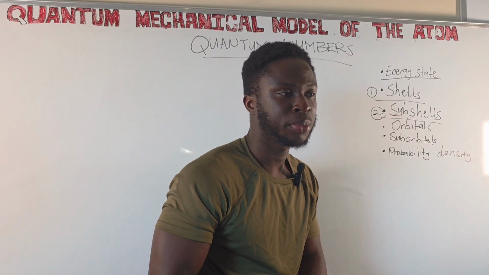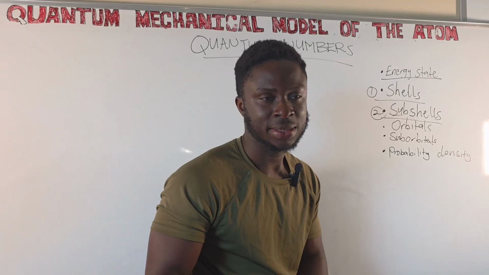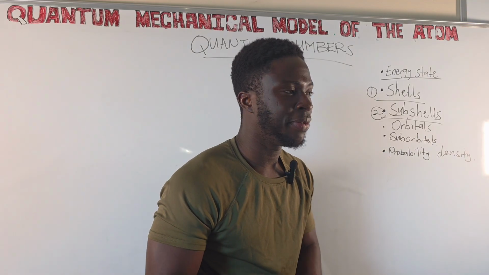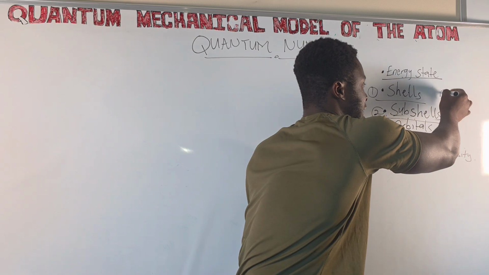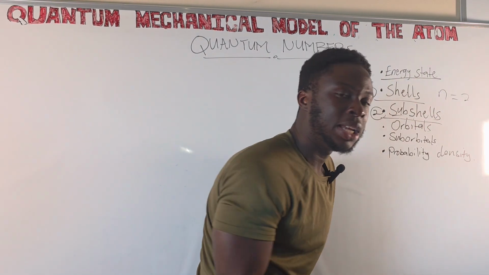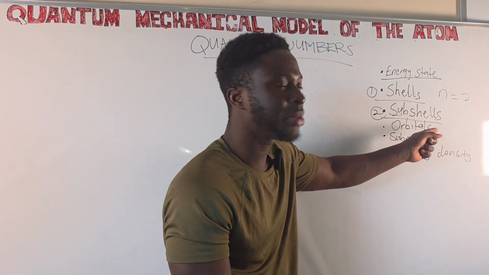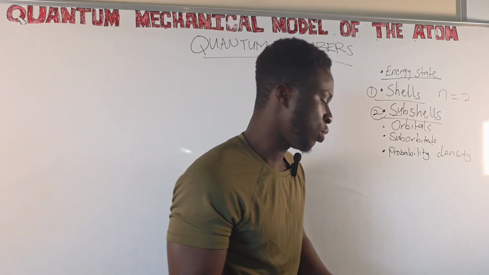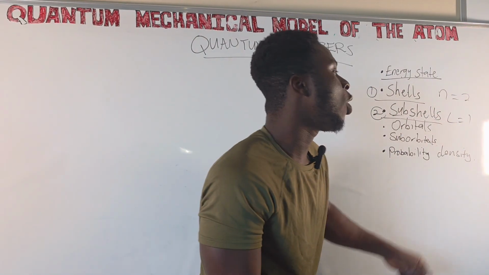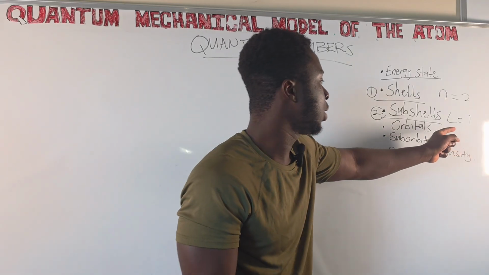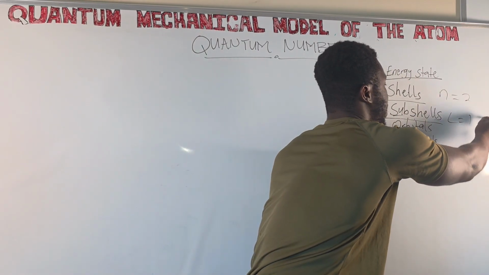Take the p orbital, for instance. The main energy level, the shell, could be, let's say, the n equals 2 shell. The subshell, which is a p, would be l equals 1, so l equals 1 gives us the p subshell.